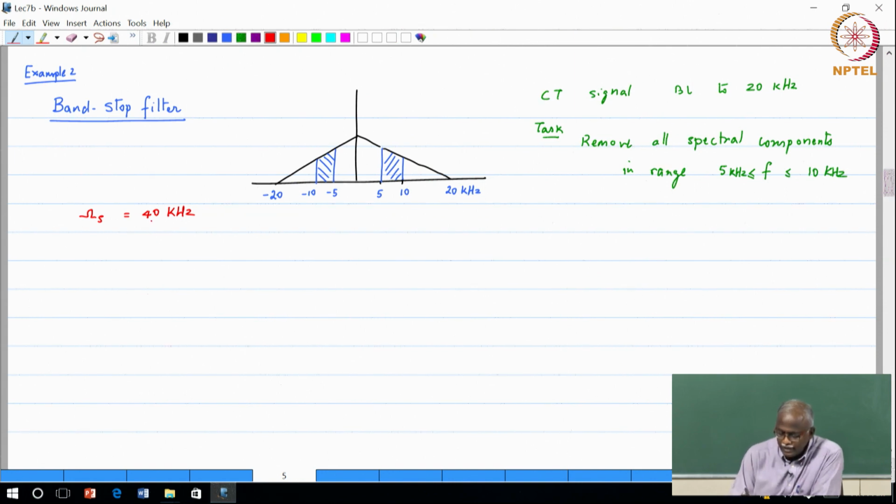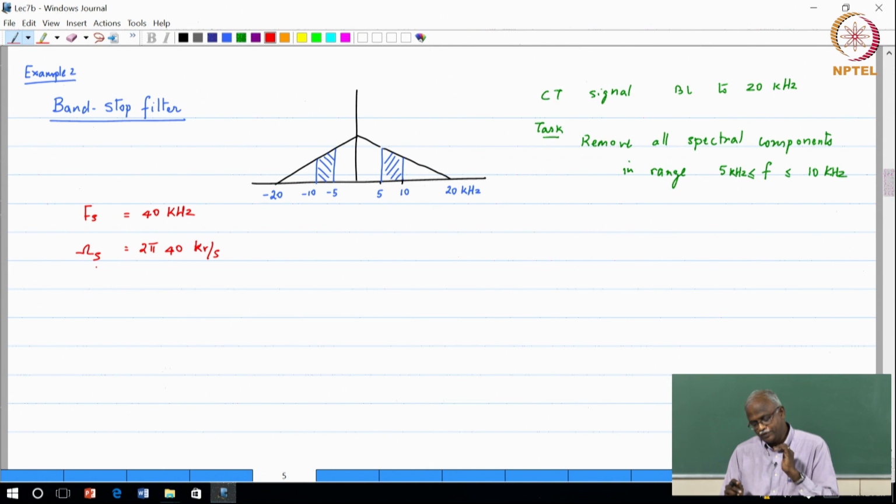So, if my sampling frequency is 40 kilohertz, strictly speaking, I should write it as 2 pi times 40 kiloradians per second. That strictly is omega s, but when I convert it into discrete time, I would have to multiply omega s by Ts. Just to be consistent, let me define the sampling frequency, and this is the continuous time frequency.